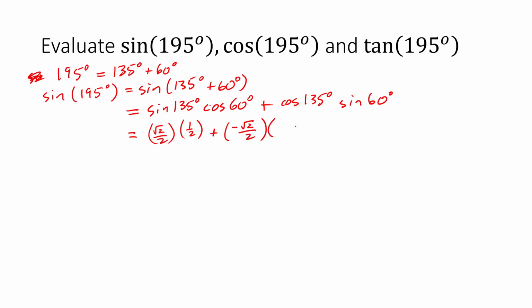And the sine of 60 degrees is equal to root 3 over 2. Multiplying through, we get root 2 over 4 minus root 6 over 4, which ultimately equals root 2 minus root 6 quantity over 4. So we've got a value for the sine of 195 degrees.